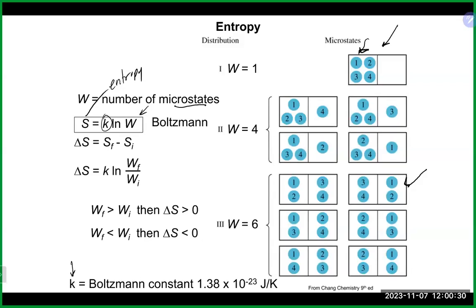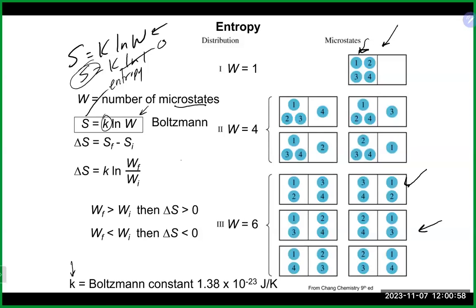But so when we look at this, there's a greater probability or a greater entropy going to happen here when we have many more microstates. We look at the Boltzmann equation and then just put in here our W of 1. That's going to give us S is equal to k natural log of 1. Natural log of 1 is equal to 0, right? And so very low entropy value in that case.